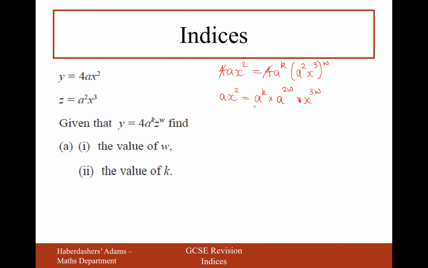So let's add the two indices on the right hand side here that are both a, so it's ax squared equals a to the power of k plus 2w. Now you won't mix up the x here because the x is a different base. So therefore on the left and the right hand side, I can tell that on the a's, the power of a is 1, so it's 1 equals k plus 2w.